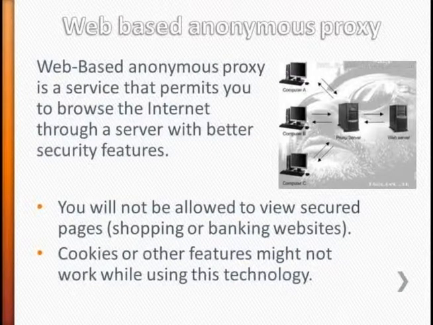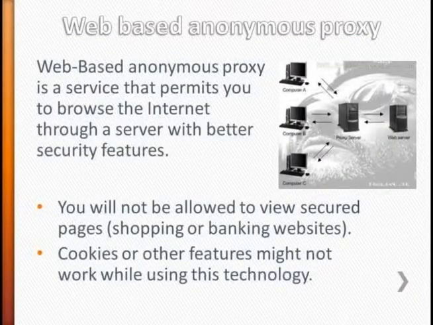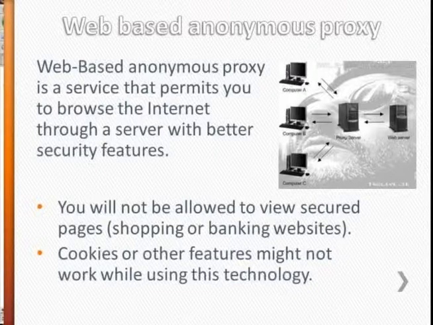You have to land on the proxy page and then type the URL and click on Go. Your request will be redirected through the secure proxy. However, there are a few limitations of this technology. For example, you will not be allowed to view secure pages. These are shopping or banking websites. Cookies or other features might not work while using this technology as well. However, your surfing will be under more secure conditions.